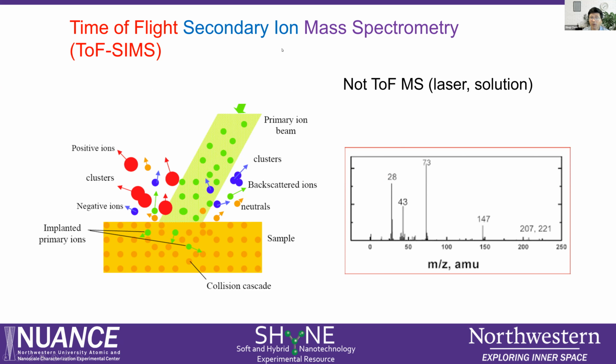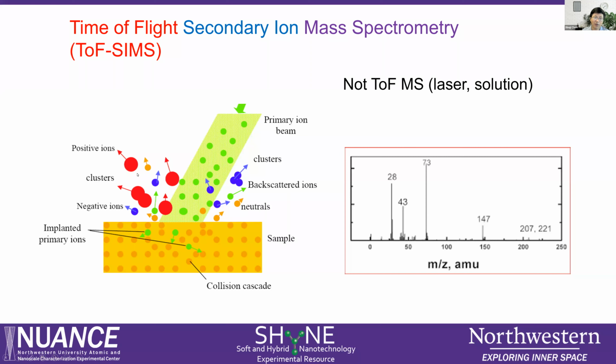That means there is a primary. We use a primary ion to bombard the surface and generate the secondary ion.